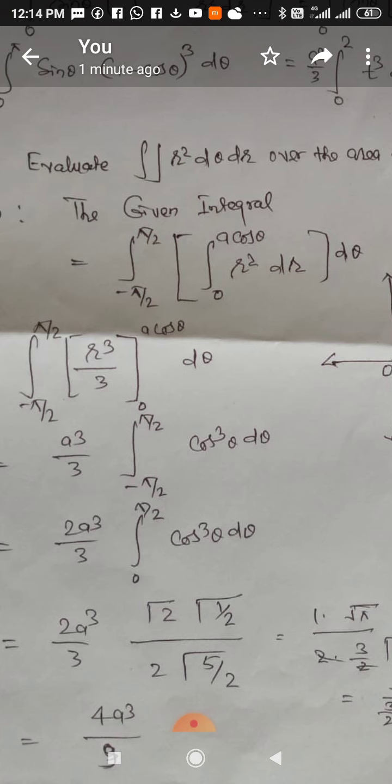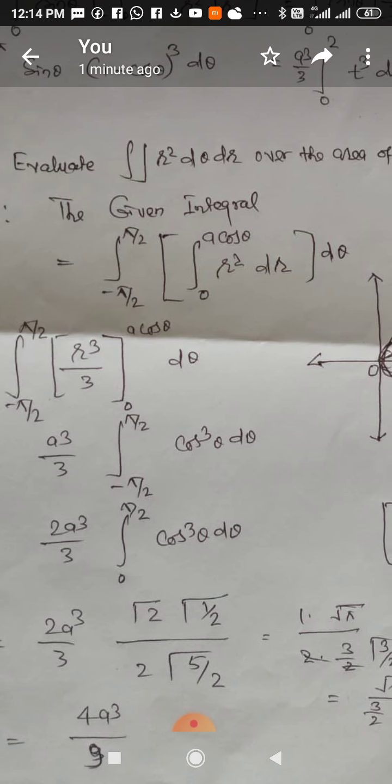So it gives 2a cube upon 3, gamma 2 gamma 1 by 2, upon 2 gamma 5 by 2. It is because m is equal to 3, n is equal to 0, so m plus n plus 2 by 2 is 5 by 2.